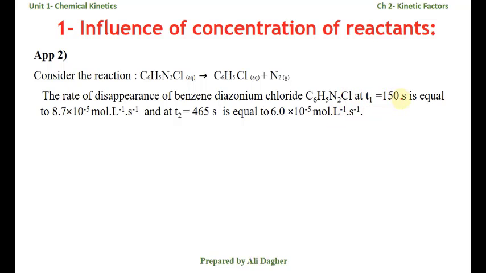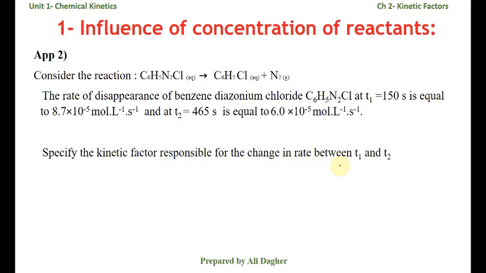When time increases from 150 seconds to 465 seconds, the rate decreases from 8.7 times 10 to the minus 5 to 6 times 10 to the minus 5. The question is, specify the kinetic factor responsible for the change in the rate between t1 and t2. We know that during the reaction, the rate decreases with time because the concentration of the reactant C6H5N2Cl decreases with time.